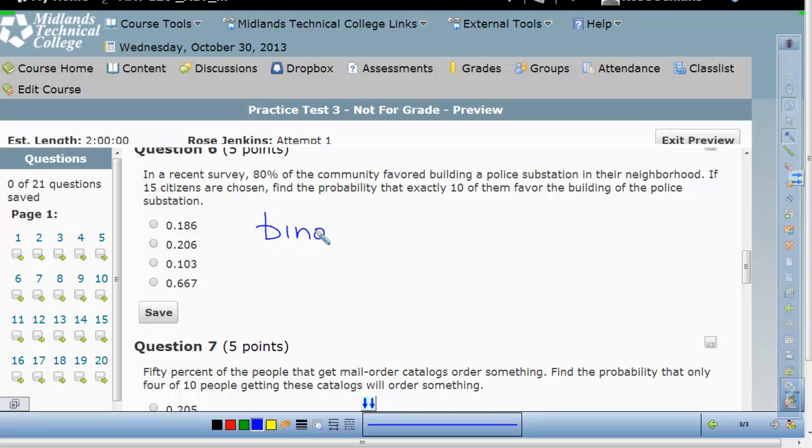Okay? We use the calculator to help us with this. I would use Binom PDF, where it asks me for N, P, and X. Where N is that fixed number of trials, P is the probability of success, and X is the exact number of successes that we're interested in. So for us, N is 15, P is 0.8, and X is 10.